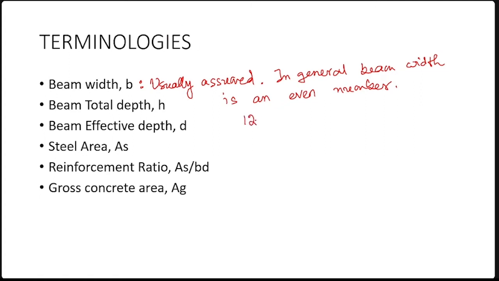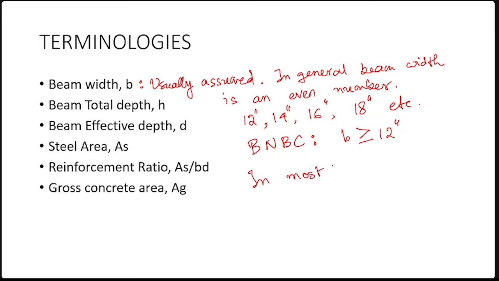So you will find 12 inches, 14 inches, 16 inches, 18 inches, etc. According to BNBC, beam width B should be greater than or equal to 12 inches, not less than 12 inches. And in most of the buildings, B equals 12 inches. There is no variation. We always use B equal to 12 inches everywhere in buildings.